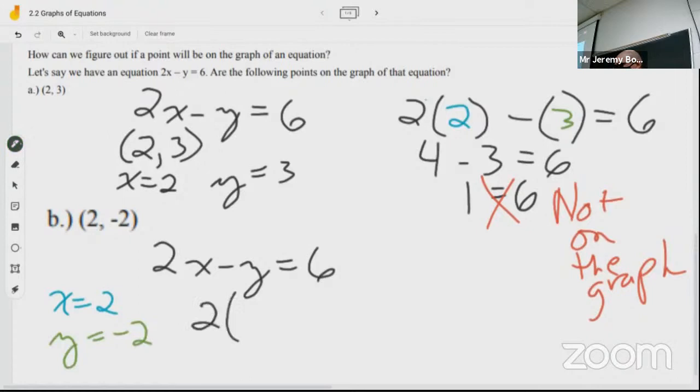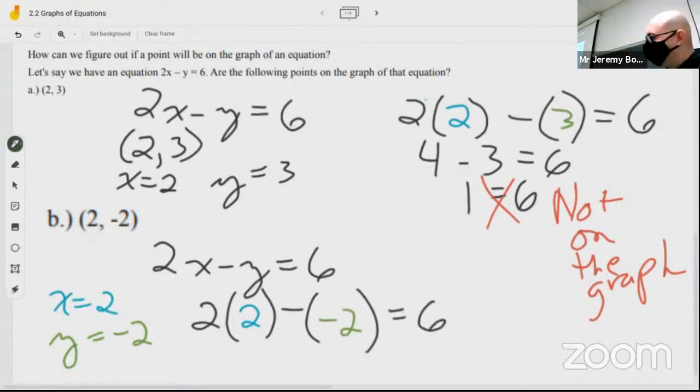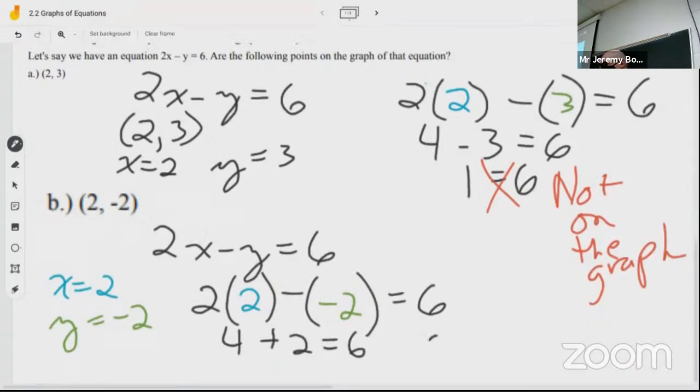So we'll have 2 times 2 minus negative 2 equal to 6. And so 2 times 2 is 4, minus the negative 2 would be plus 2. And so we end up with 6 is equal to 6, which is true.